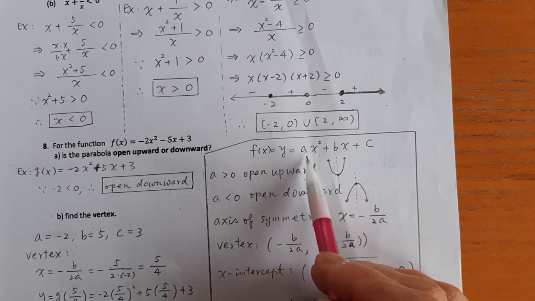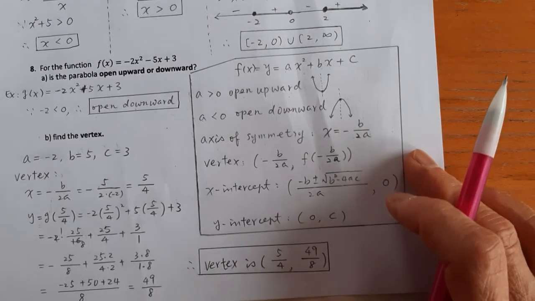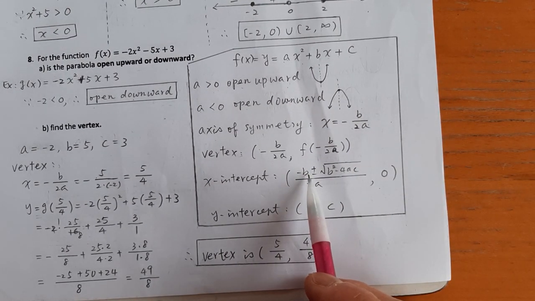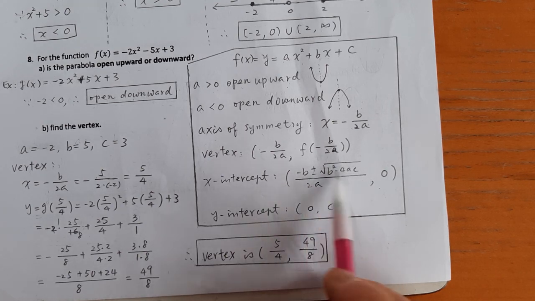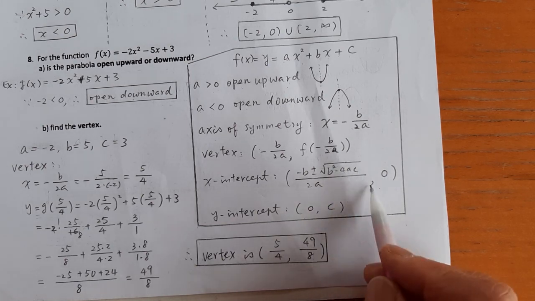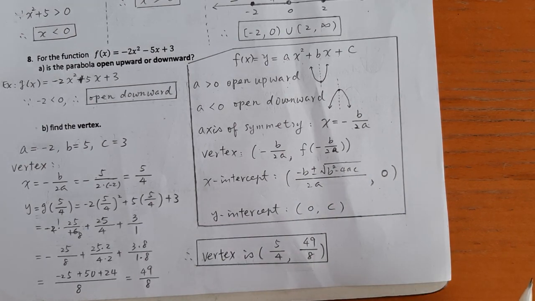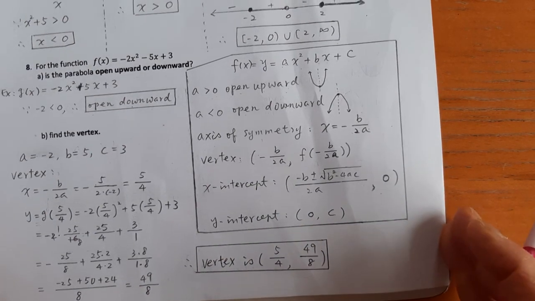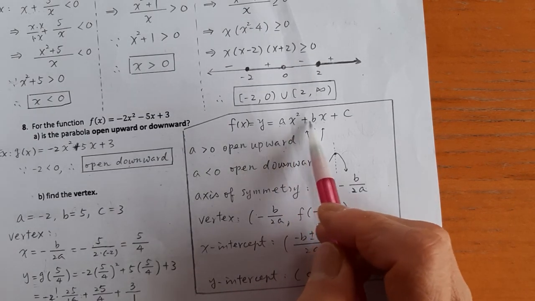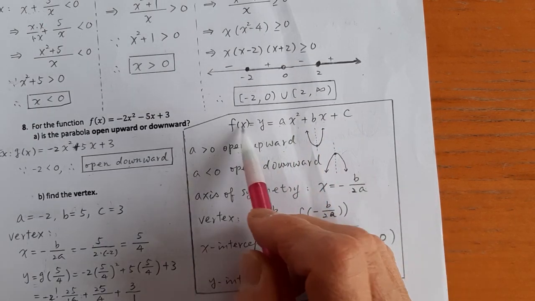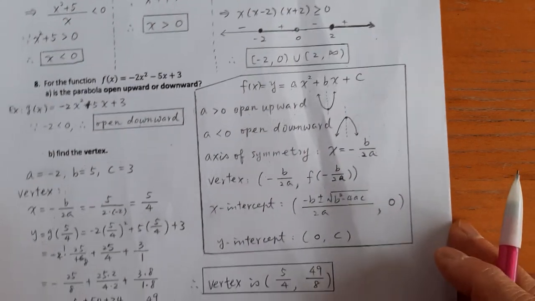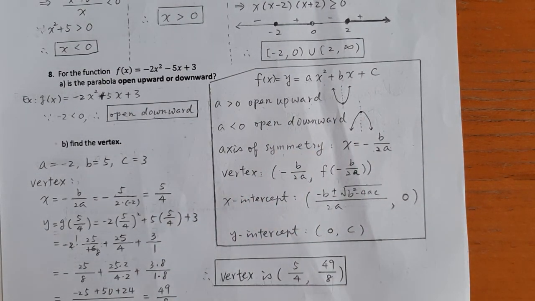If you don't know how to factor it, you can use the quadratic formula: x equals -b plus or minus the square root of b squared minus 4ac, over 2a. And the y coordinate is 0. The y-intercept: you let x equal 0 and plug it in, 0 plus 0 plus c. So y equals c. So this is the general form for graphing the quadratic function.